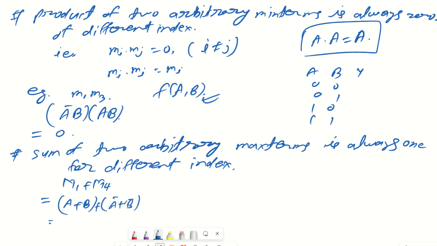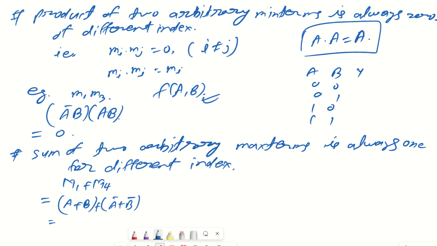So the summation of them is nothing but what will happen? A plus a bar is anyway 1, plus anything if it is there, that doesn't matter. M4 is nothing but 1 1, so it is going to be a bar plus b bar.